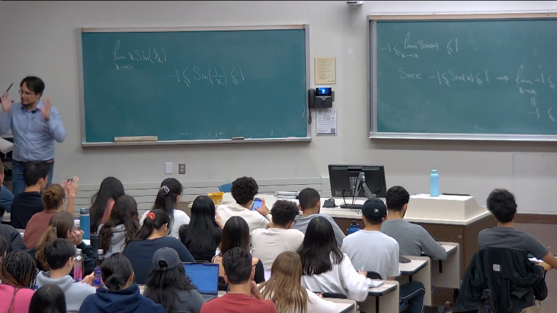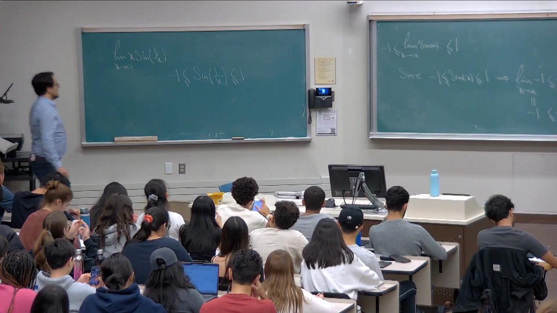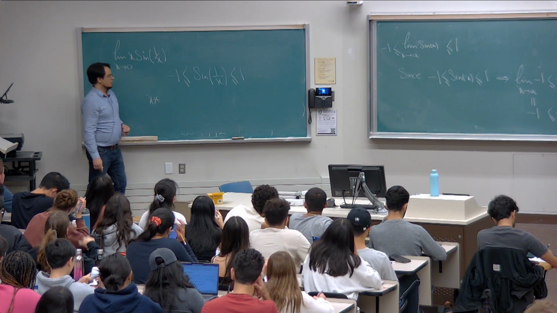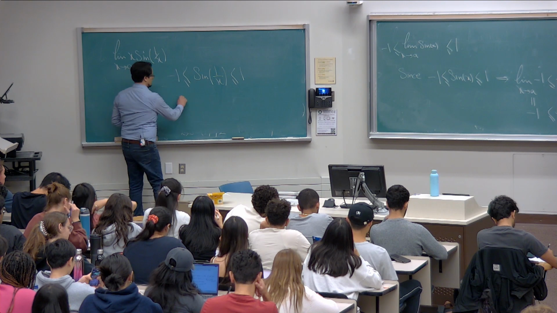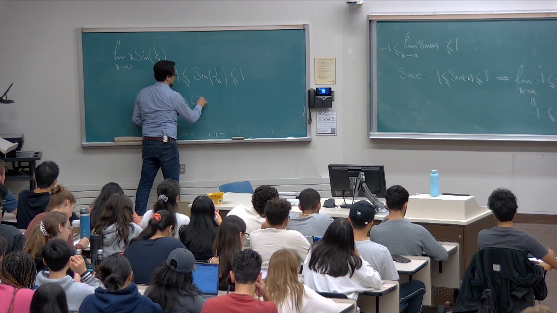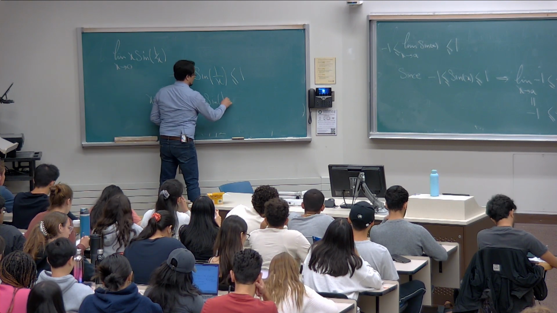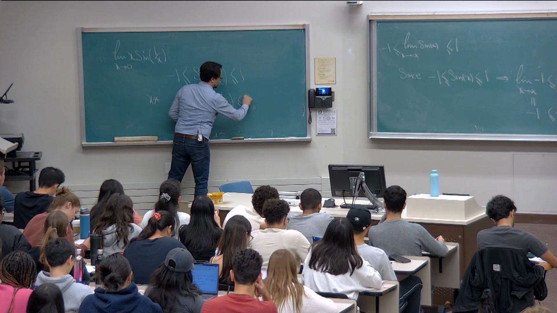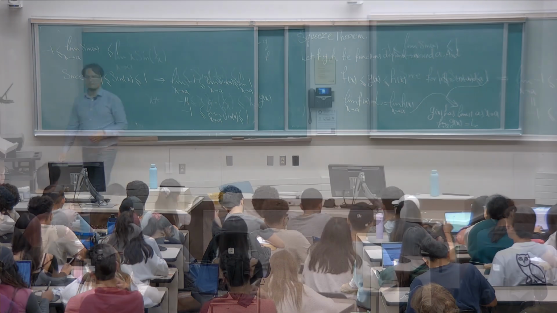Now if I multiply both sides by x, x times -1 is negative x, then x sine of 1 over x, and x times 1 is x.